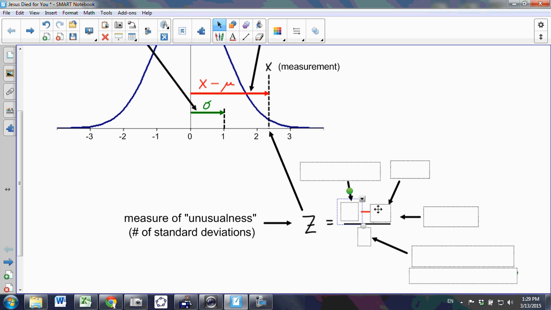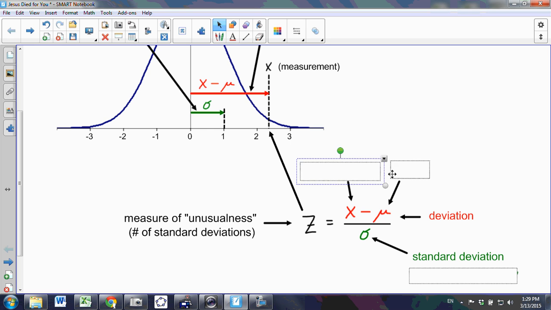That's what division means if you think about it. How many of these guys does it take to add up to this guy on top? So the z-score is the deviation divided by the standard deviation. The measurement minus the mean divided by the standard deviation.